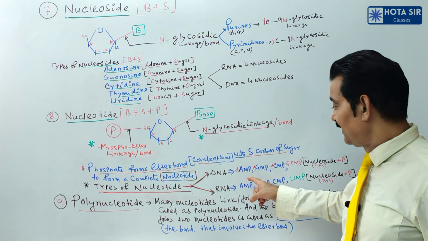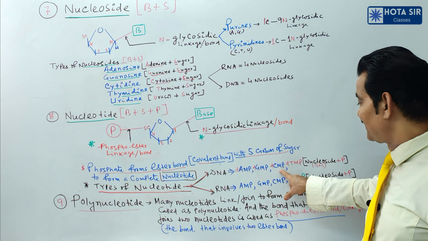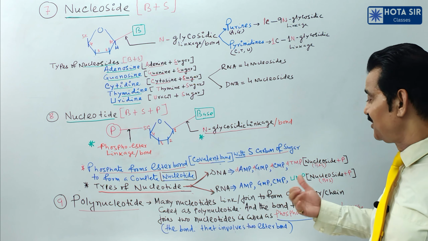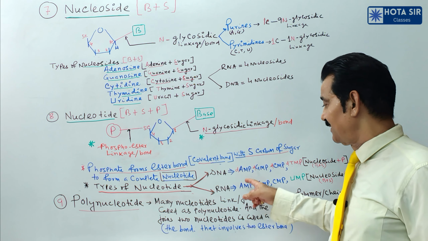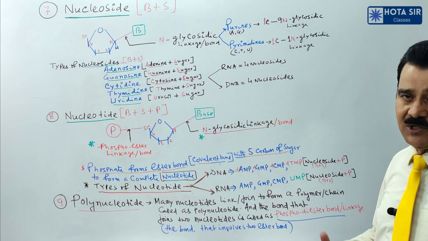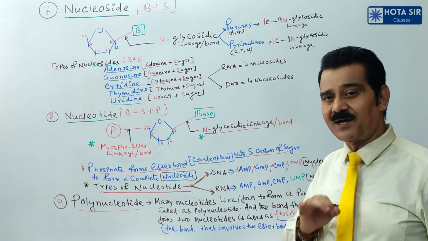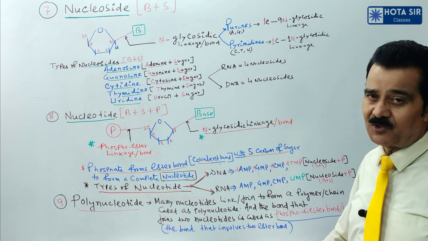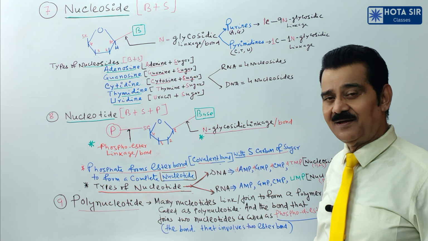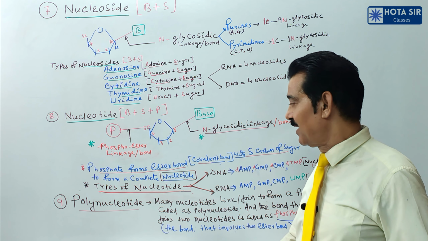We can call it adenylic acid, guanylic acid, cytidylic acid and thymidylic acid. Or you can say AMP, GMP, CMP and TMP. D stands for deoxyribose sugar. Clear? So nucleotide means nucleoside plus phosphate, and the total number of nucleotides in a cell is 8, 4 of DNA and 4 of RNA.